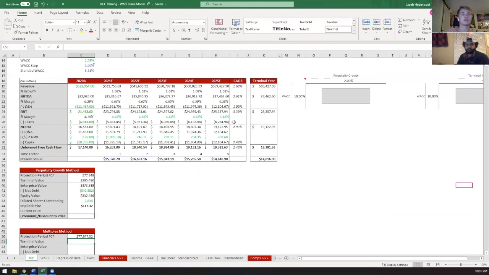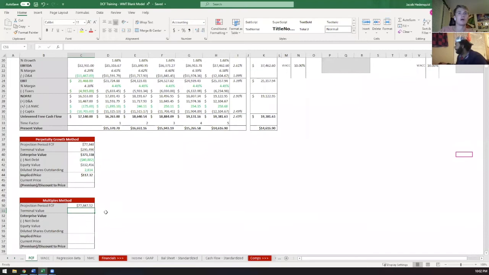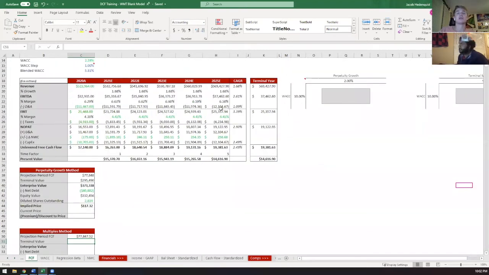So going down to our multiples method, our projection period free cash flow is going to be the same thing, just the sum of the present value of the free cash flows that we calculated. And then the difference here is the way we calculate our terminal value. We have an EV to EBITDA multiple.